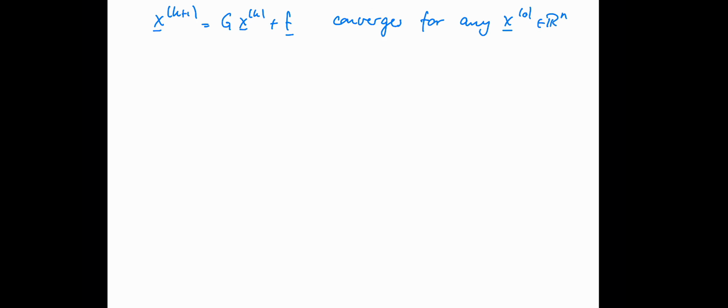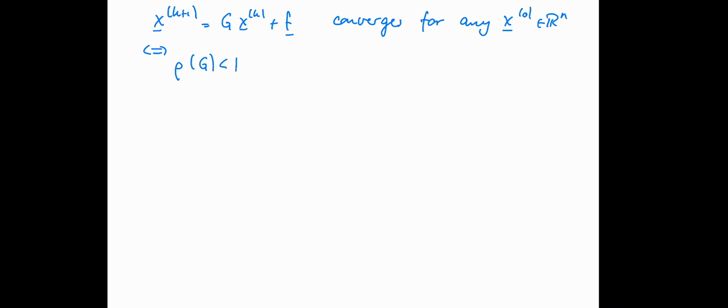Well, what I would like to show is that the iteration x_(k+1) equals G x_k plus f converges for any starting vector x_0 in R^n if and only if the spectral radius of G is less than 1.